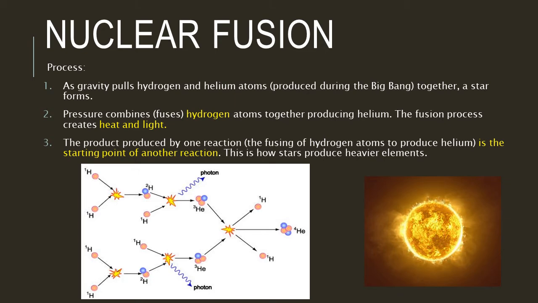When the helium atoms are pressed and fused together, we've got more hydrogen, more helium atoms. Now we can go down the line. Perhaps we're squeezing more hydrogen and helium subatomic particles together to form lithium or gold or iron or neon, whatever it may be. But this is how we create heat and light in stars, and how heavier elements are produced.